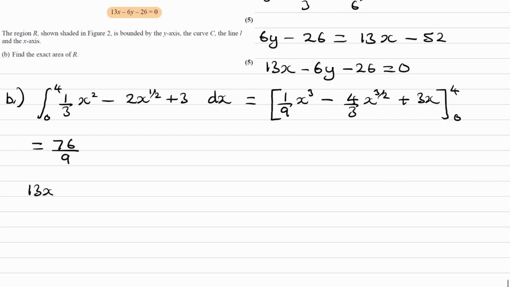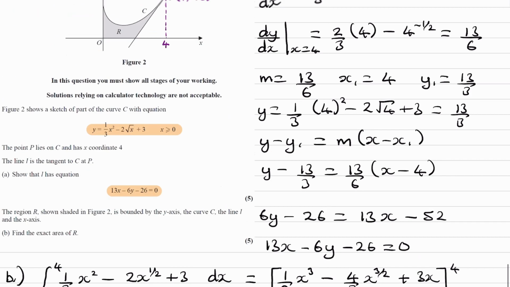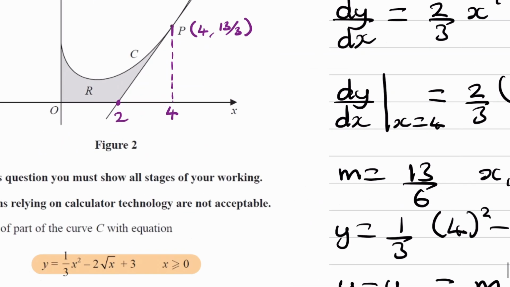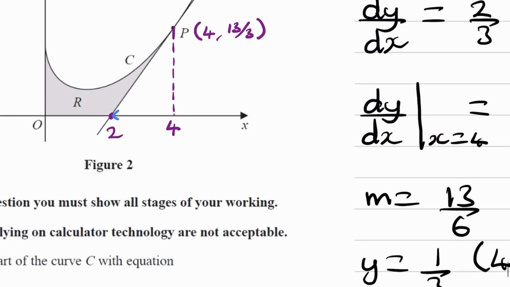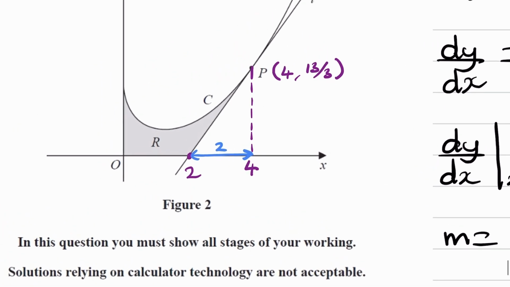We're looking at the equation of our line and setting y to be equal to 0, to work out our x-intercept. If y is equal to 0, 13x minus 26 is 0, and that gives us x is 2 when we rearrange that.